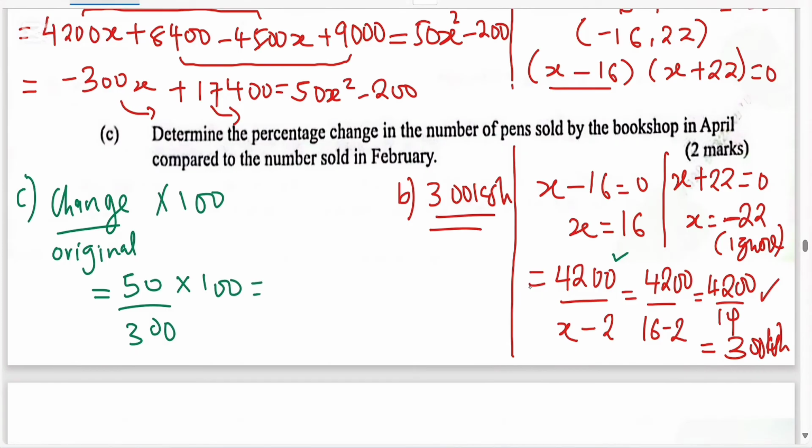Because months move forward, they don't move backward. So moving forward to April, 50 pens fewer were sold in April compared to February. So your change will be 50 divided by 3, which gives you, I think it's 16/3 if I'm not mistaken. You can confirm with the calculator, and I'm confirming with mine also, and the answer is 16/3%. Okay up to there, 16/3%.